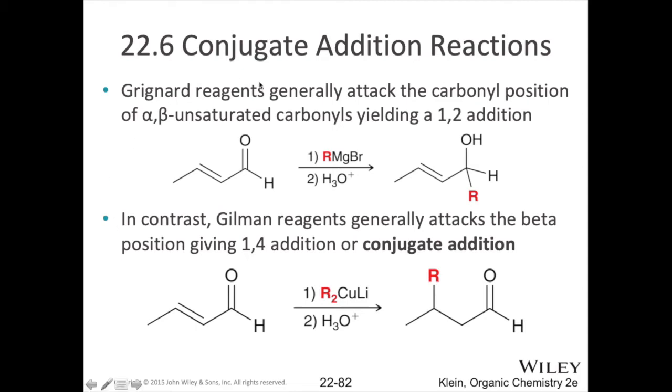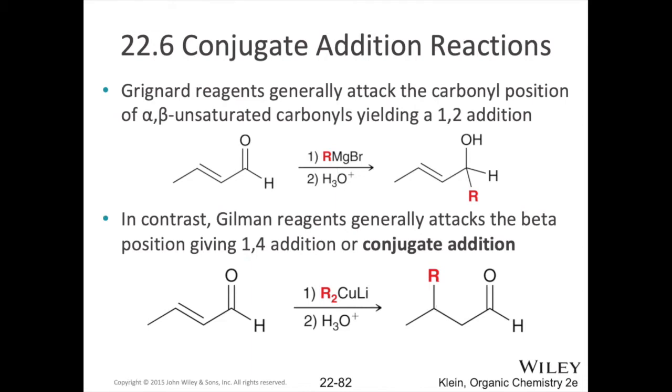So in the case of a Grignard reagent, we typically see that alkyl group being added to what was the carbonyl carbon. Okay. Now, contrast that with Gilman reagents. What we instead see is that the alkyl group adds on to that beta position. So we actually have the alkyl group over here.